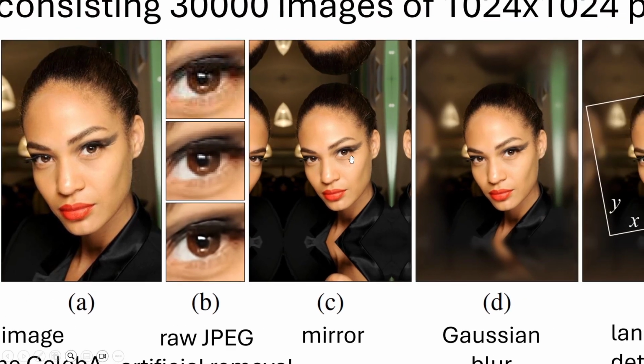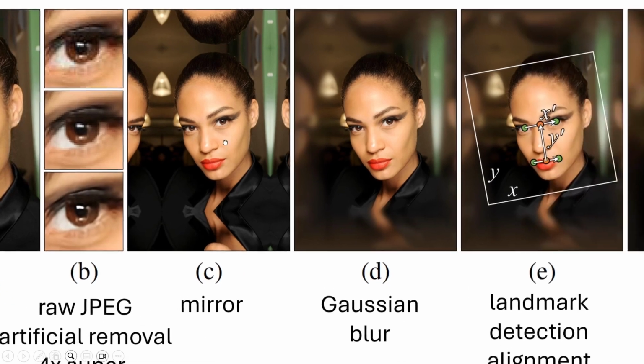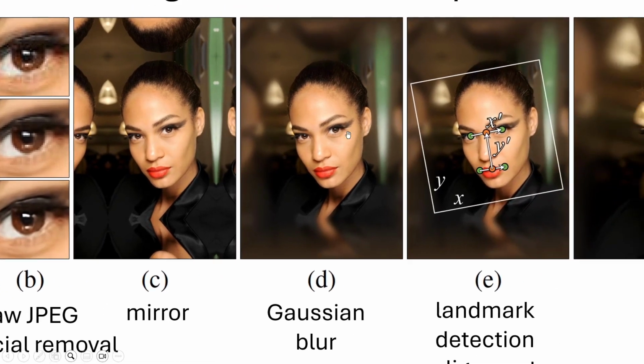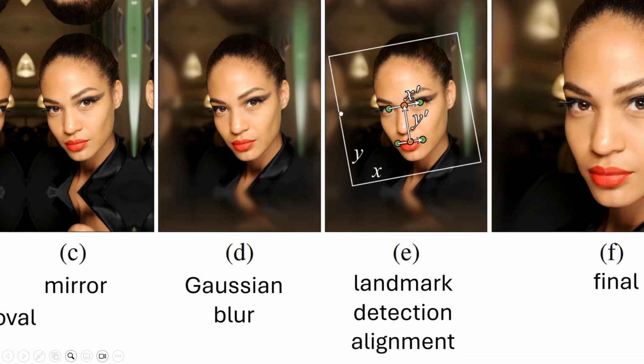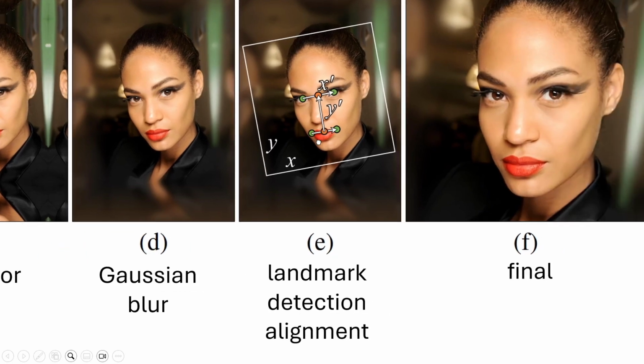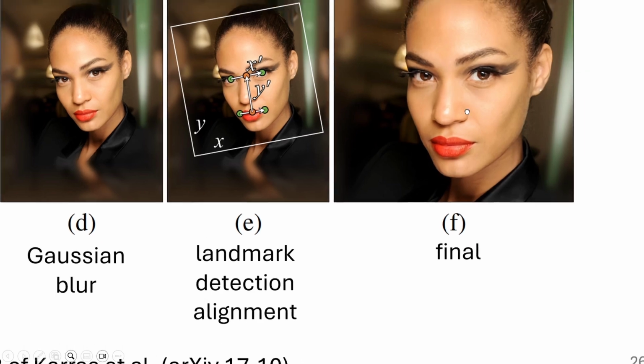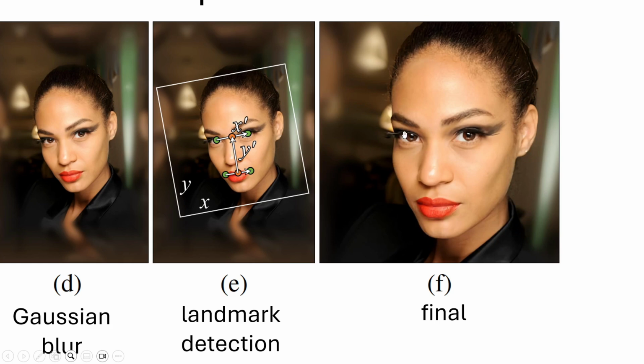Then they do mirroring. You can see this is the mirrored part, and this is also a mirrored part. Then they apply a Gaussian filter, because the face is the region they want, and apply a landmark detection algorithm to detect the two eyes and the location of the mouth, and rotate it. So they get an image where the two eyes and the mouth are well aligned.